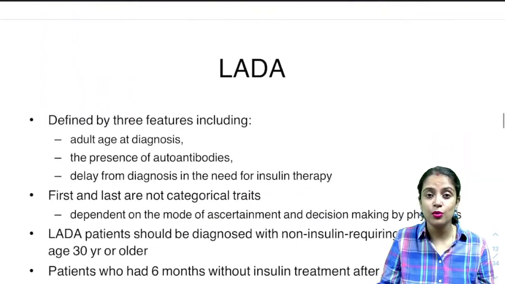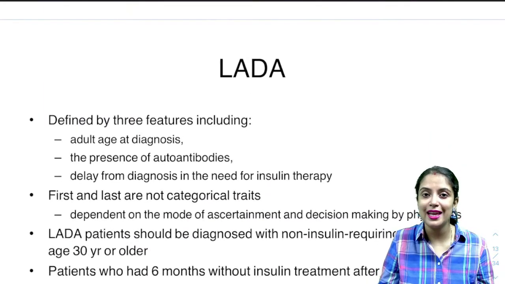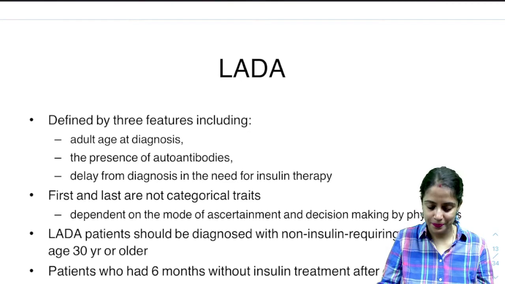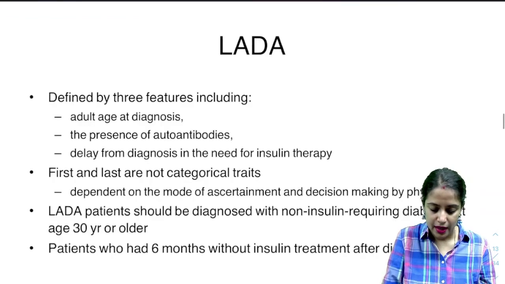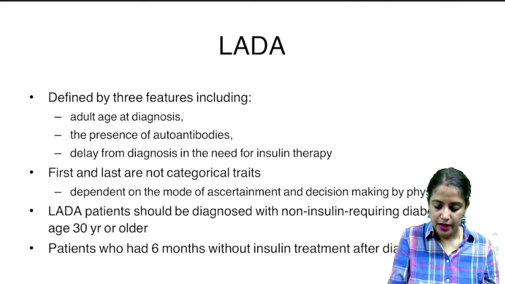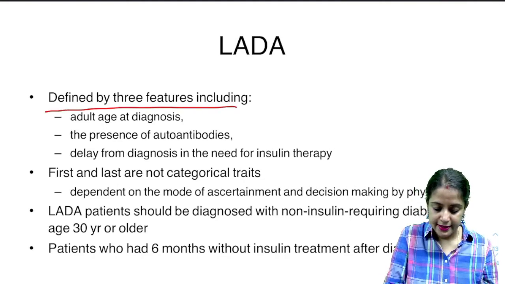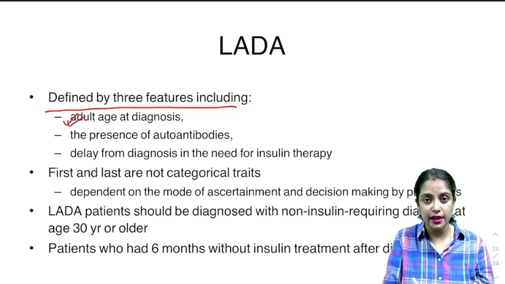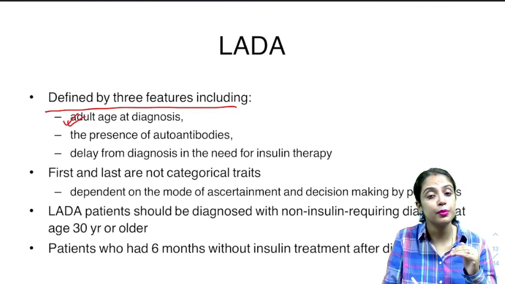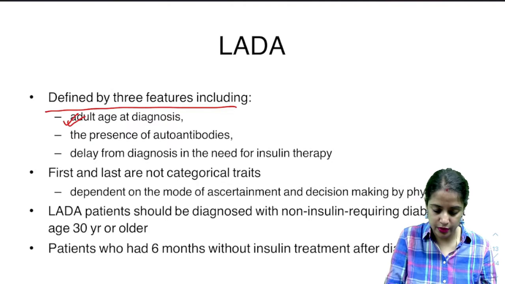There is something known as LADA. What is LADA? It is one of the varieties of diabetes. It is known as latent autoimmune diabetes of adults. The person is usually an adult at the time of diagnosis.